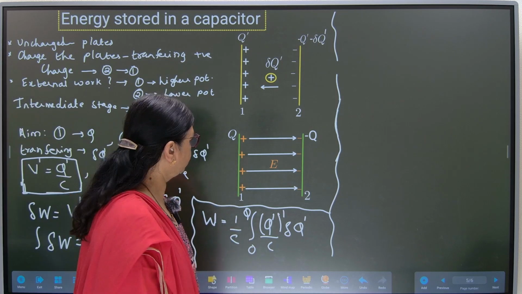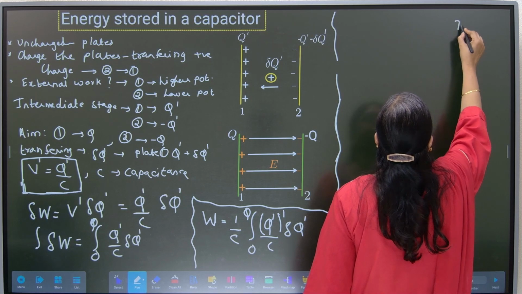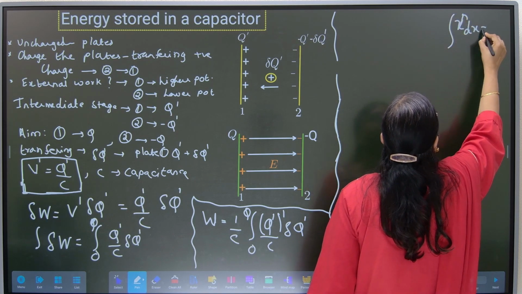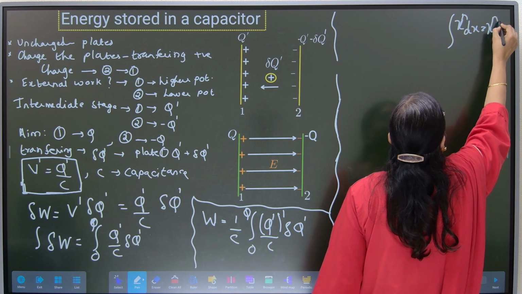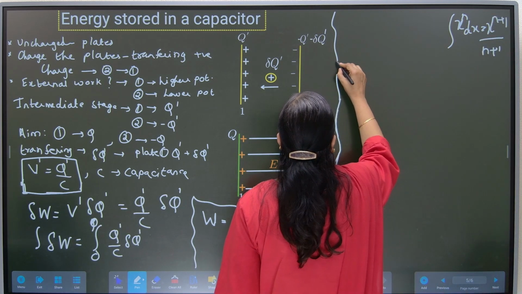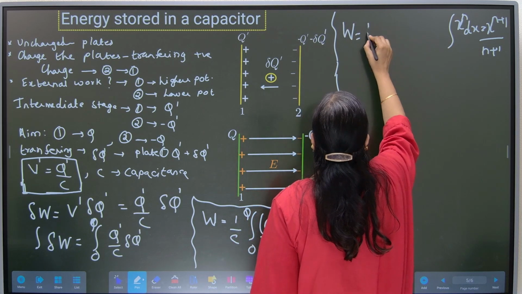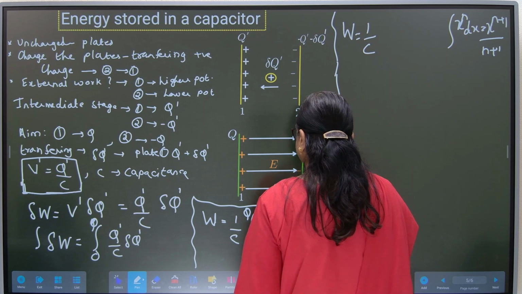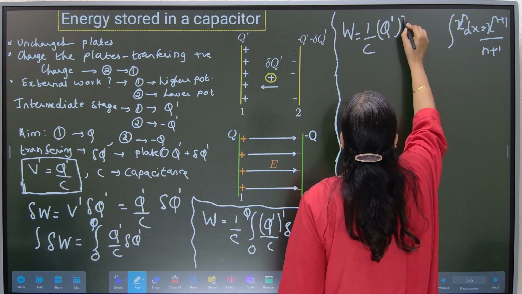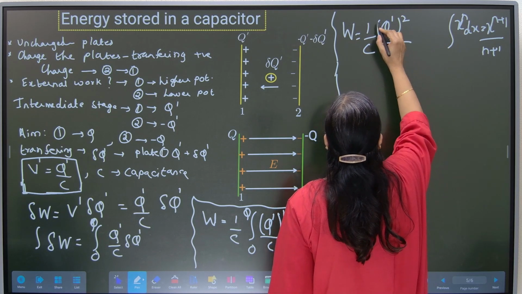Fine. So using the formula of integration, integral of x raised to n dx is equal to x raised to power n plus 1 upon power plus 1. We have W is equal to 1 upon C. Power is 1 here. So Q dash square, power plus 1, 1 plus 1 upon 1 plus 1, that is 2.